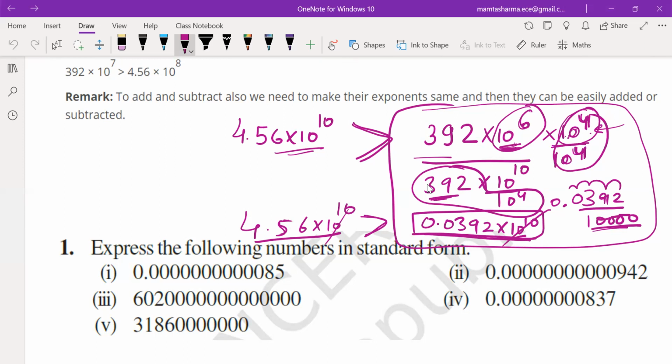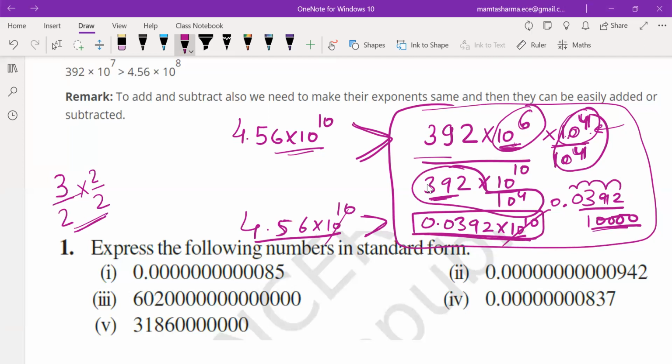Do you know, if there is a 3 by 2, for the fraction part you have to divide and multiply with the same number to make it like fraction? The same concept I have used here.